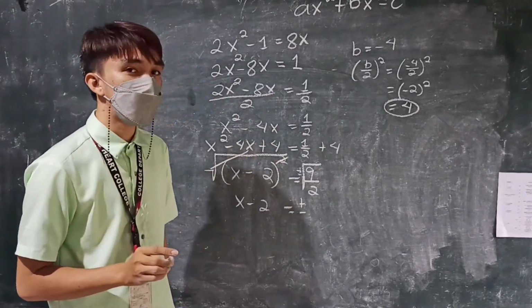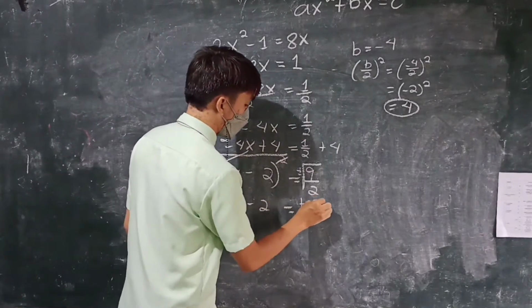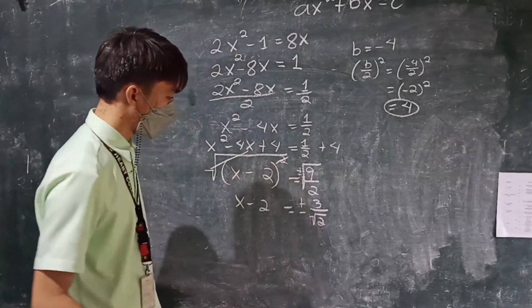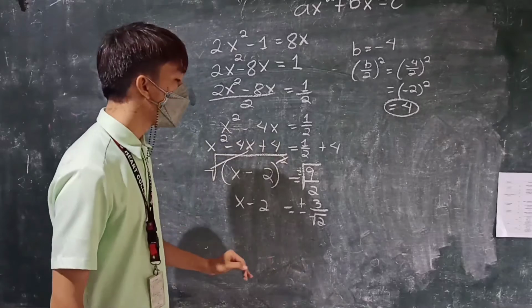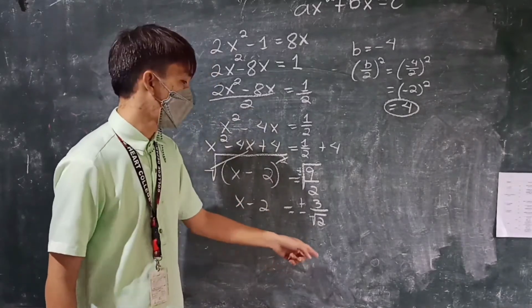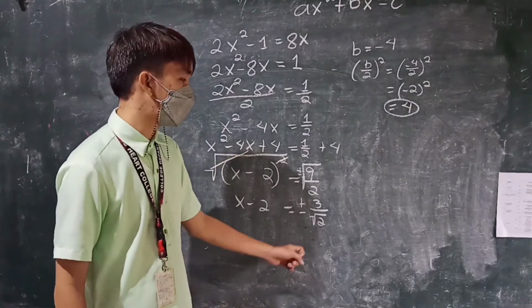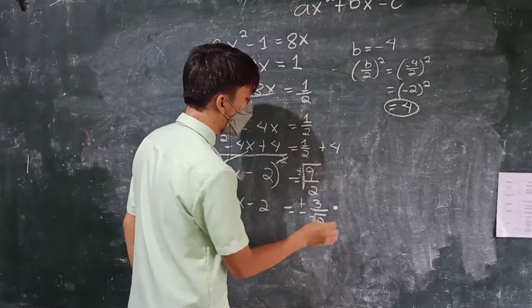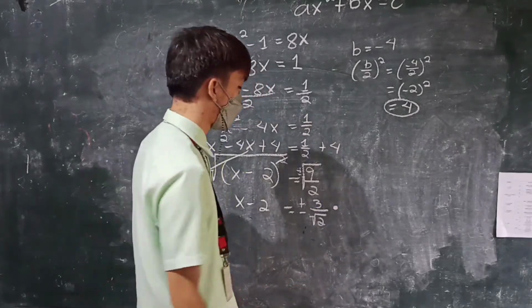9 is a perfect square. The square root of 9 is 3. Here in this case, before we transpose negative 2 to the other side of the equation, we are going to rationalize the denominator, because the denominator should be free from the radical sign.